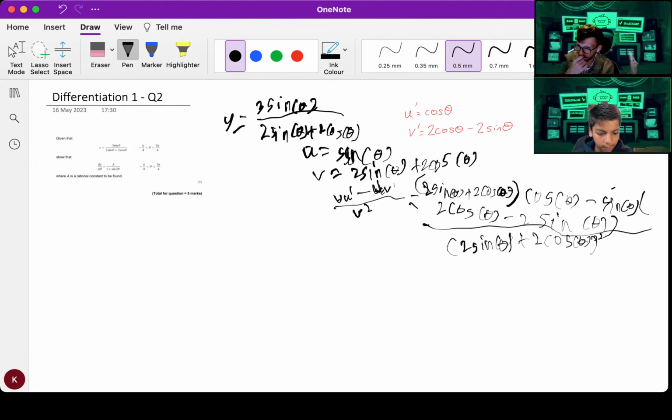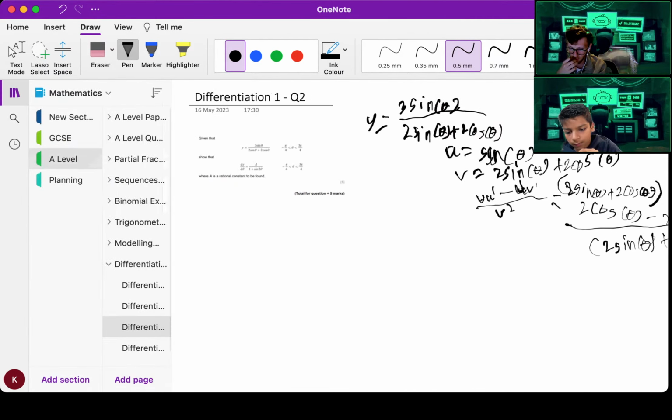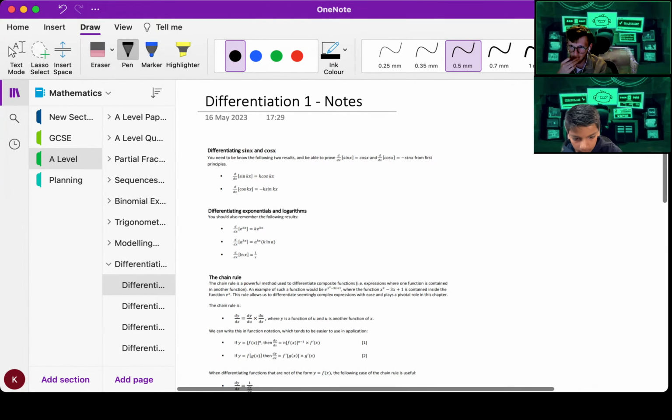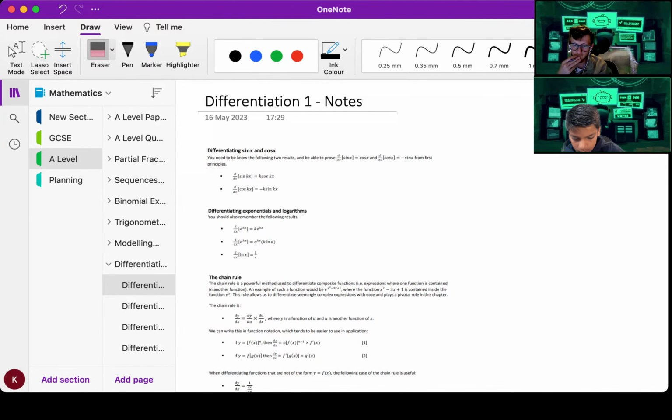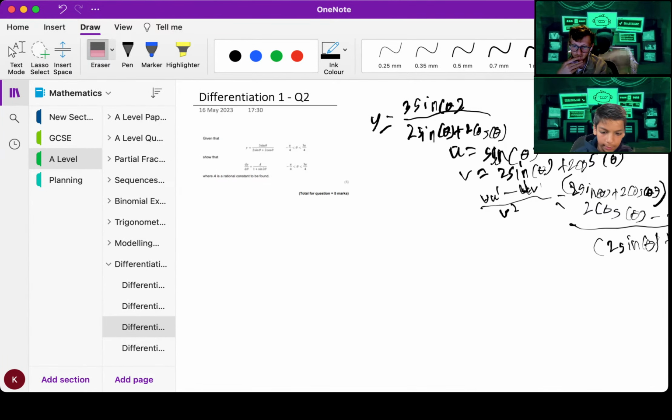So it's v times the derivative of u. Okay, let's have a look at the notes. It was quite early on, the mistake you made. Wait a second, just going to have a look at that again.